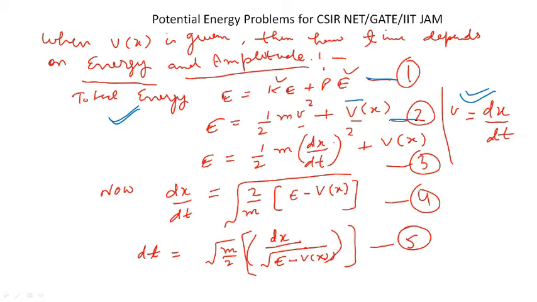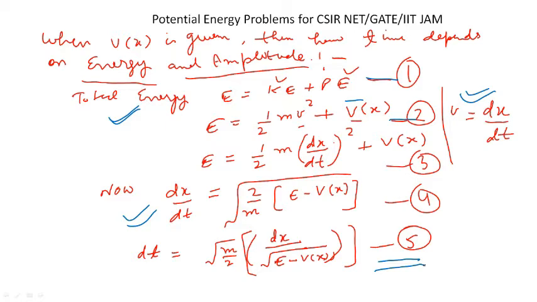Then we see that dx/dt comes out to be root of 2/m (E minus V(x)). It is equation number 4. Now we can find the value of dt and it comes out to be root of m/2 dx upon root of (E minus V(x)). Let us say it is equation number 5.